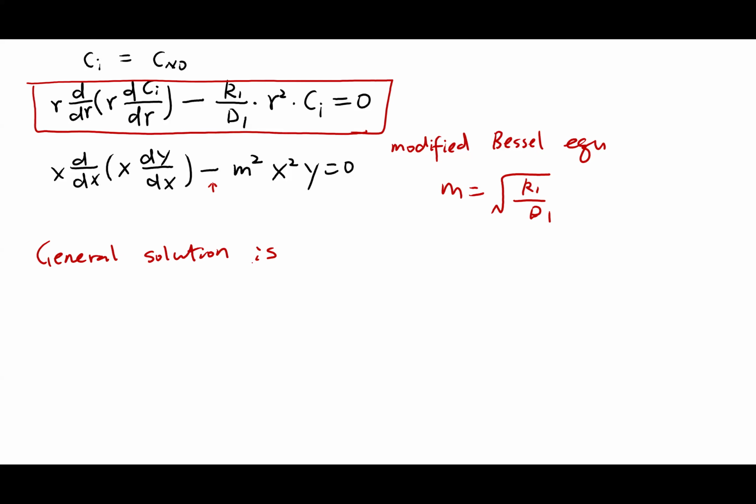is Ci equal to a linear combination of two functions. The first function is called I0(x). In this case, x is the square root of k1 over D1 times r.